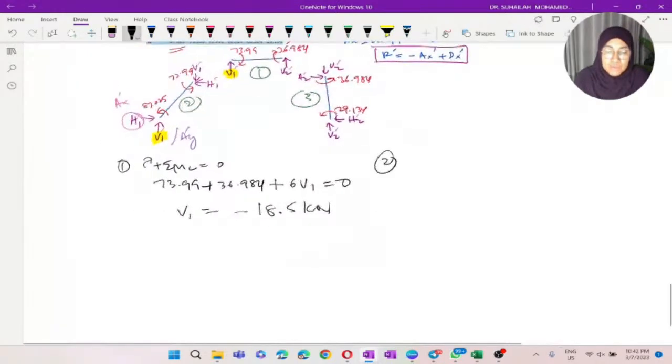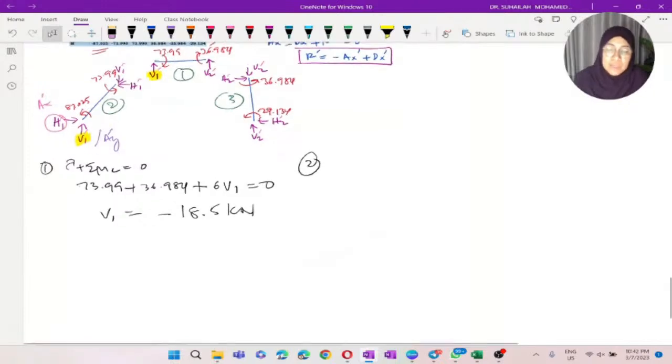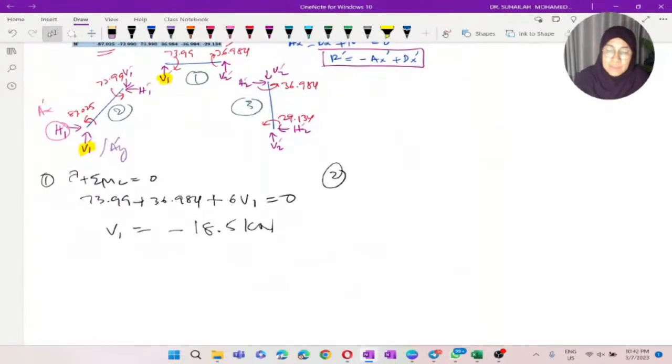In step number 2, we analyze member AB. So in member AB, we take moment at B equal to 0.